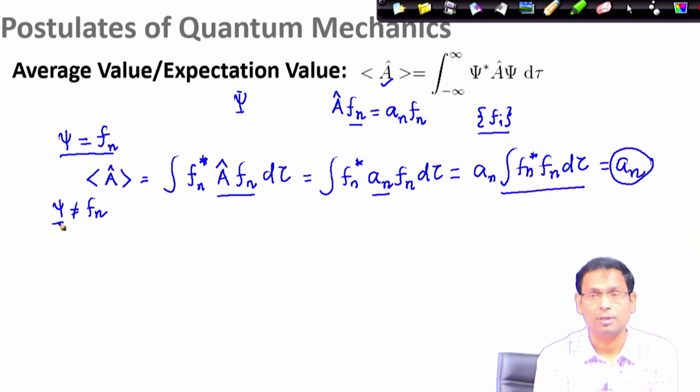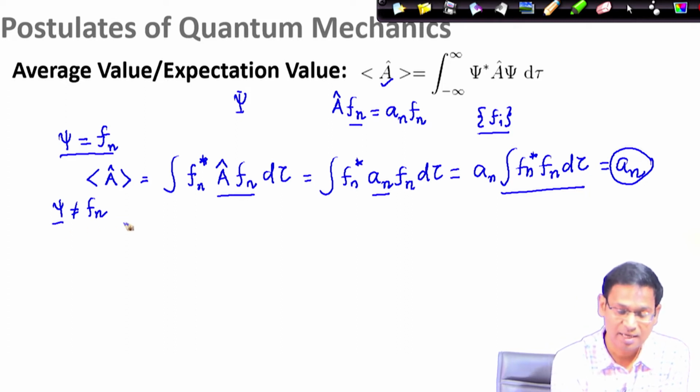But we know that if we have any arbitrary function psi, we can always express it as a linear combination of the complete set of eigenfunctions f i, because the f i's are eigenfunctions of a Hermitian operator A, and this set of eigenfunctions forms a complete set of orthonormal eigenfunctions.